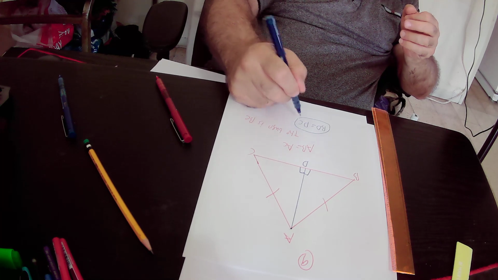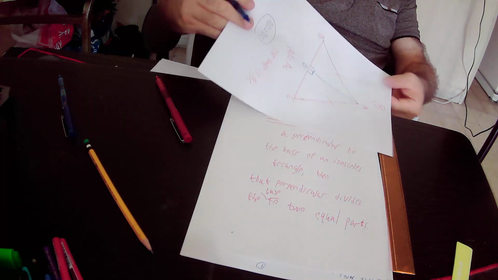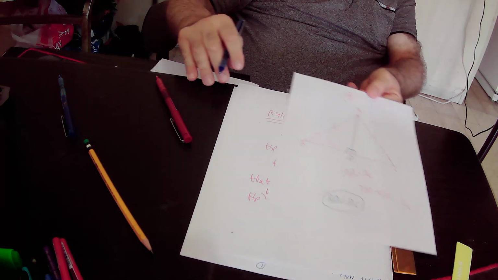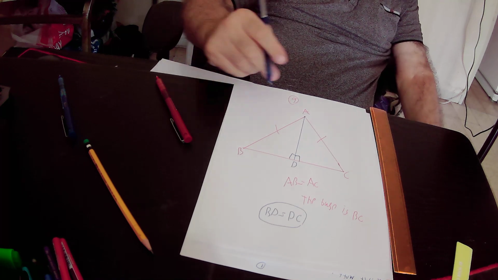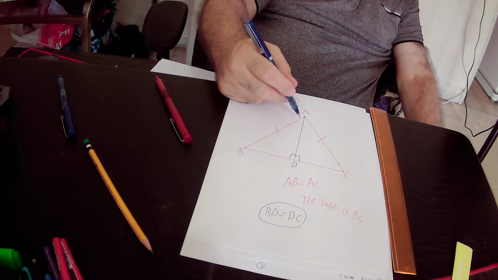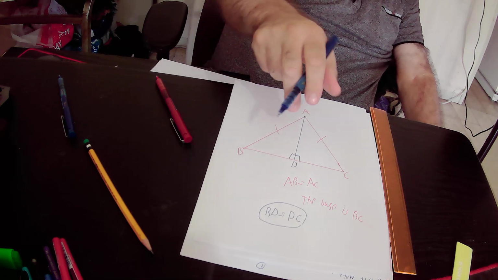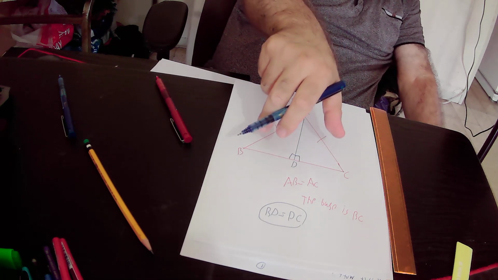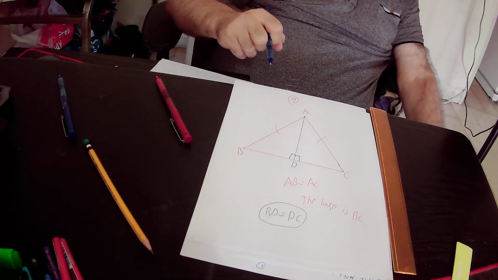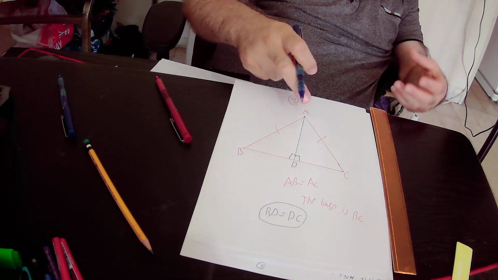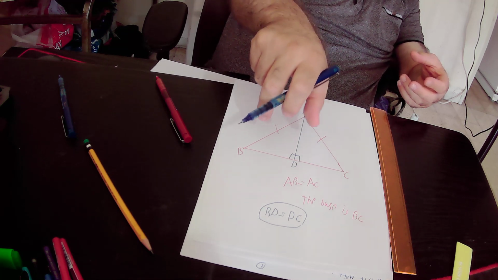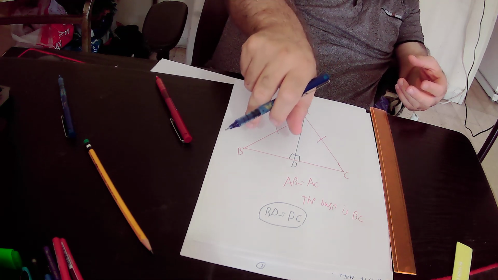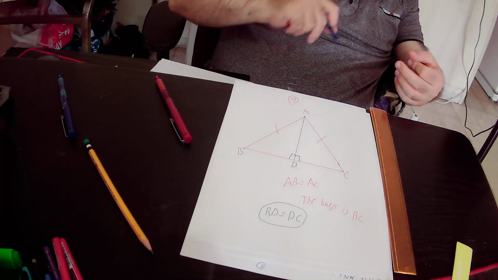Okay, so if you have triangle ABC that is an isosceles triangle, and from point A you draw a perpendicular to the base BC, then that perpendicular divides the base BC into two equal parts, that is to say BD equals DC.